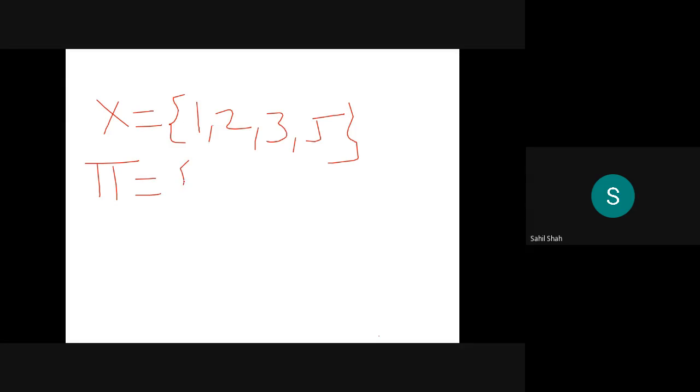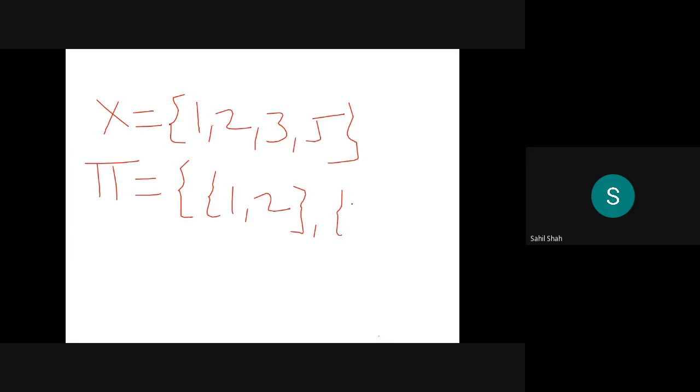Let set X be equal to 1, 2, 3 and 5, and pi be a partition induced on X. Induced means imposed, or it is defined on that particular set. 1 comma 2 is one block.